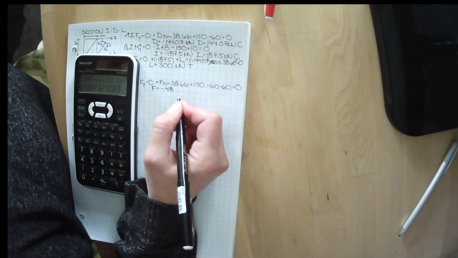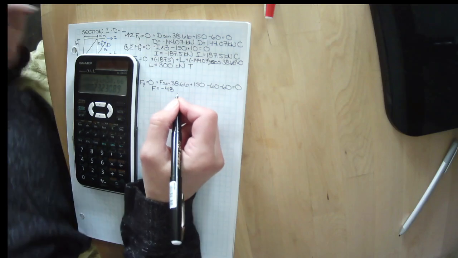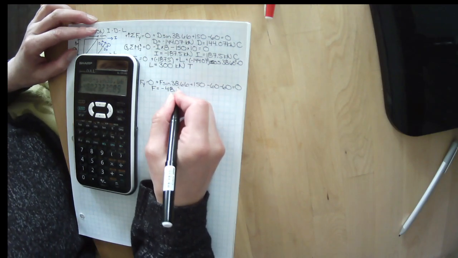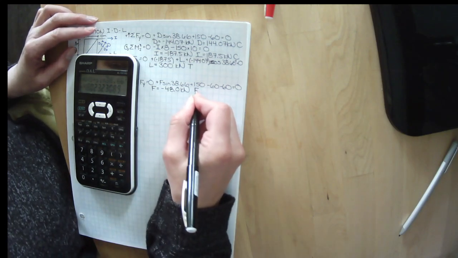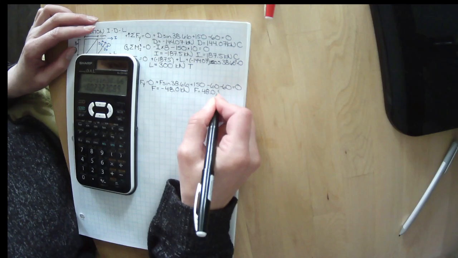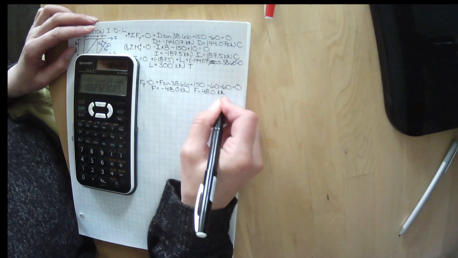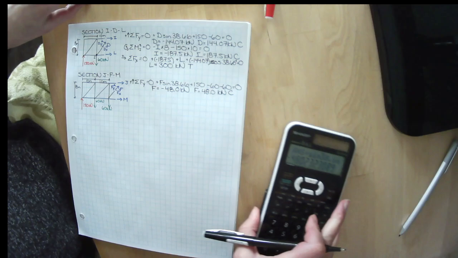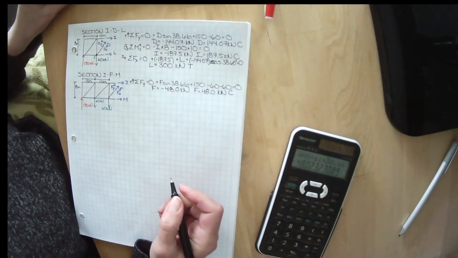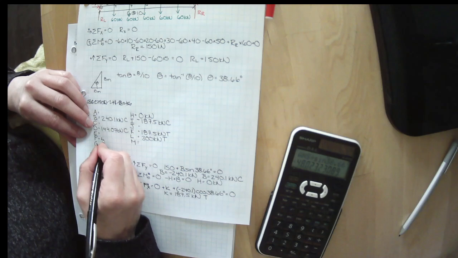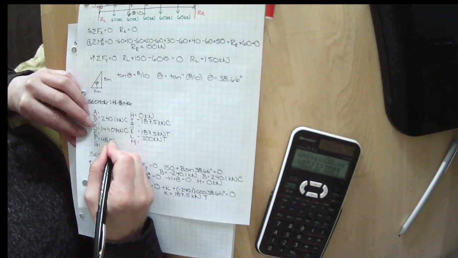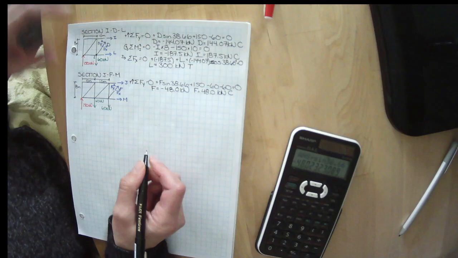Just want to check and make sure that that matches up with everything else. Yep, minus 48.0 kilonewtons, or F equals 48.0 kilonewtons in compression. We can fill that into our chart. F equals 48.0 kilonewtons in compression.